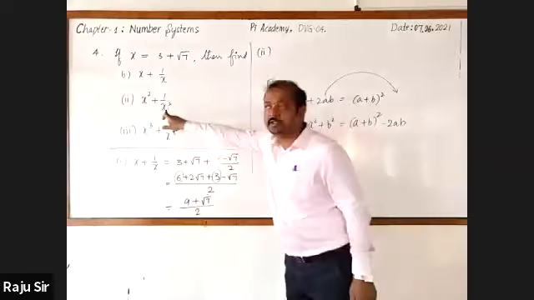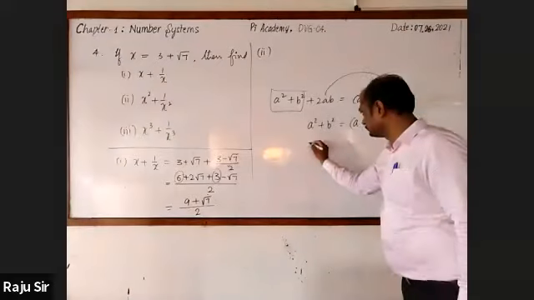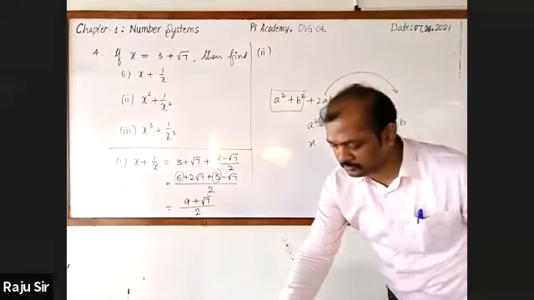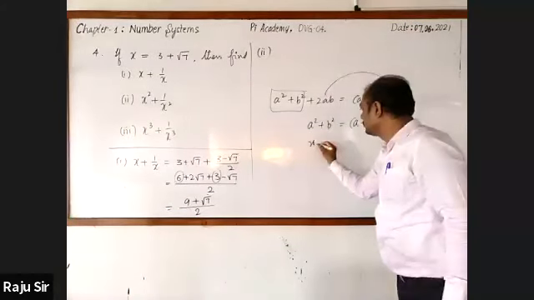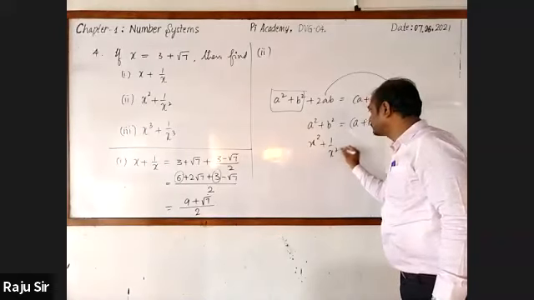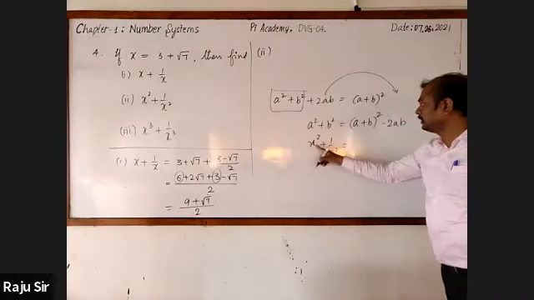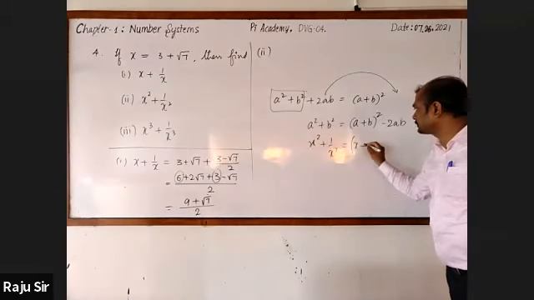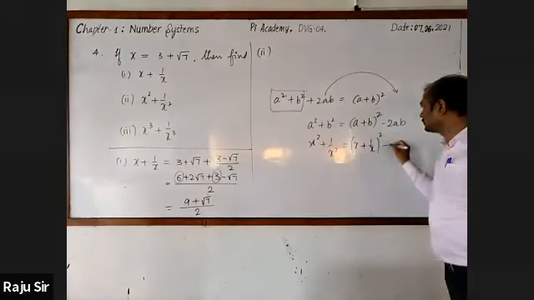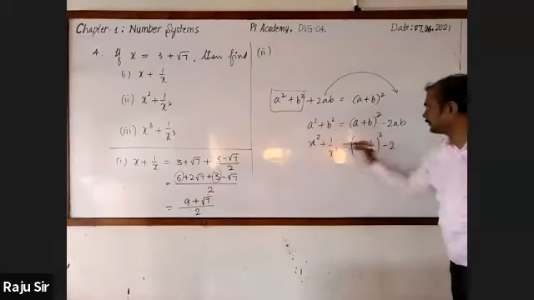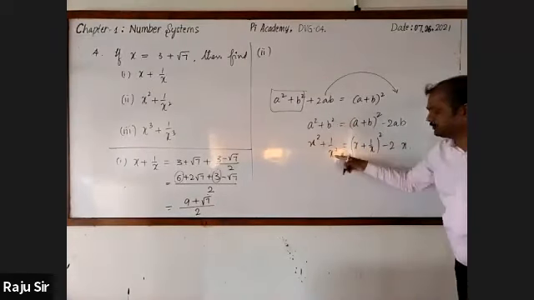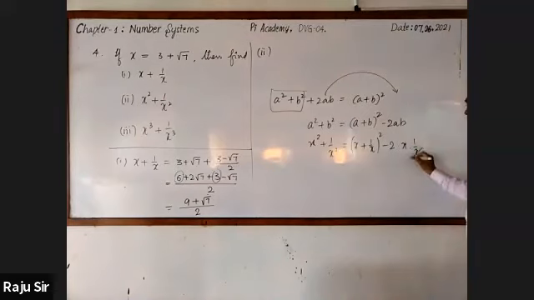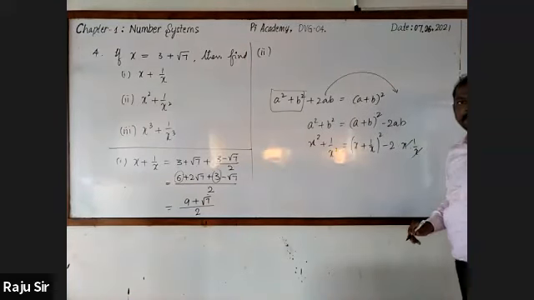Now look here. Here x square plus 1 by x square is equal to, in place of a, x is there, x plus 1 by x whole square minus 2 into, in place of a, x, in place of b, 1 by x. X and x get cancelled.